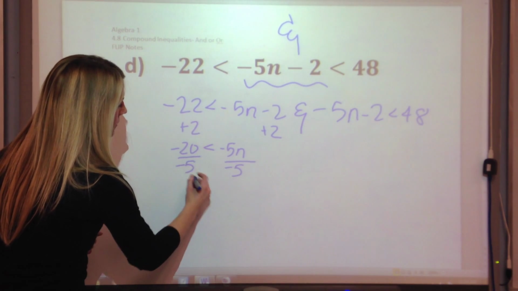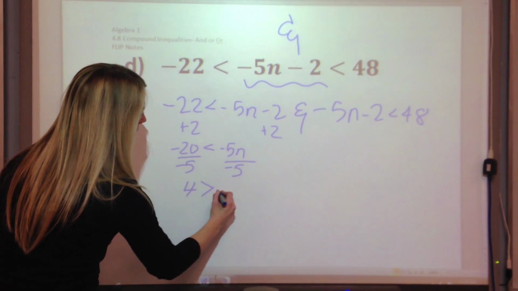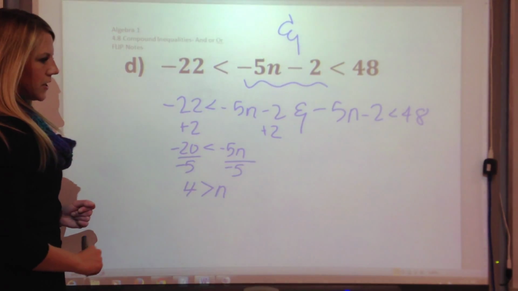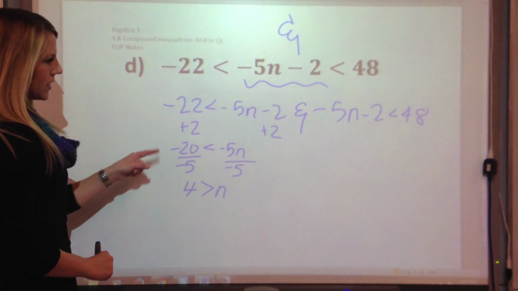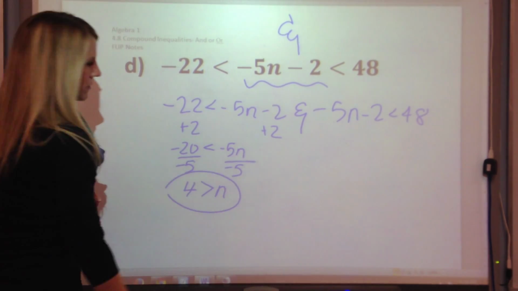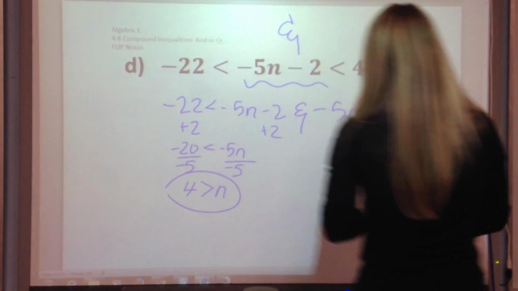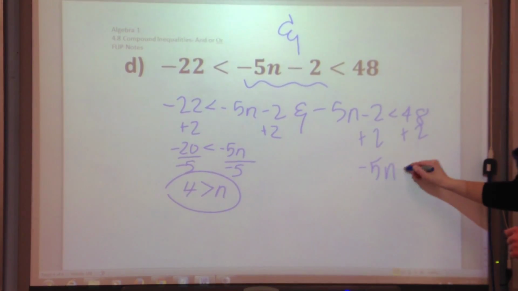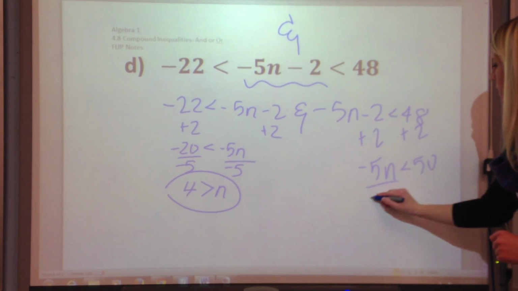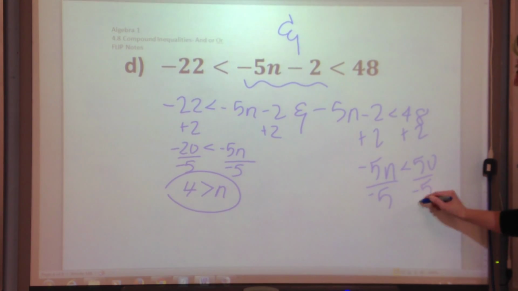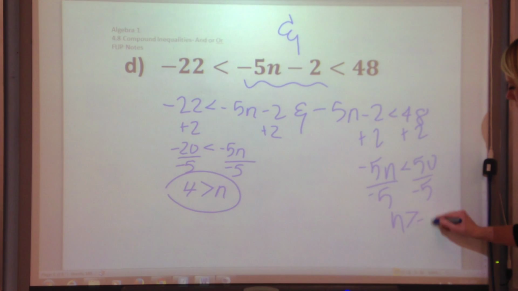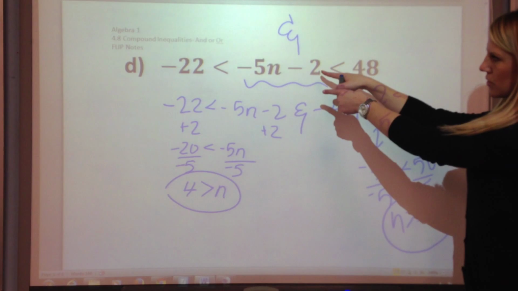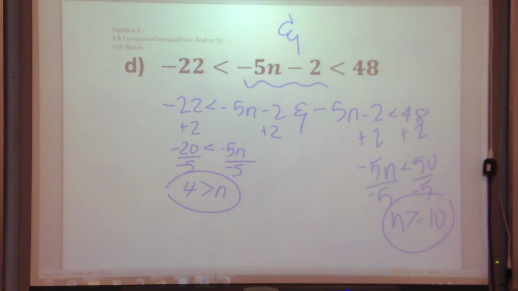Do not forget, when we divide by a negative, that sign has to flip. I'm going to add 2 to both sides over here. So negative 5n is less than 50. Again, dividing by a negative, so what happens to that sign? It flips.